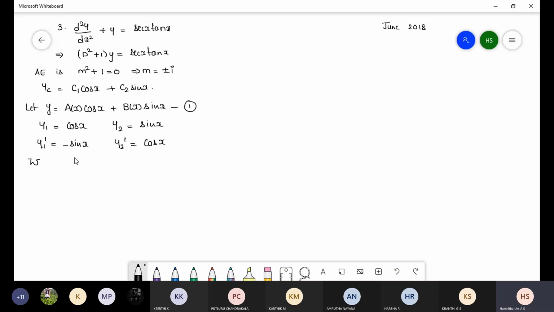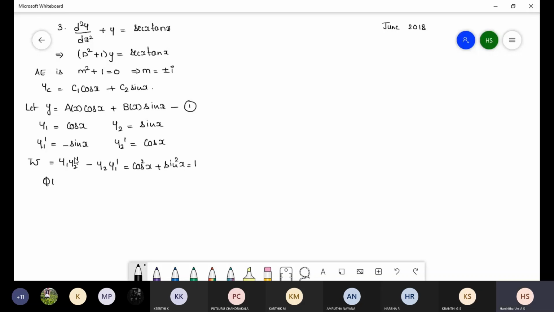Next, write the Wronskian formula, y1 into y2 dash minus y2 into y1 dash: cos into cos, cos square x, minus into minus plus, sin square x, we get 1.